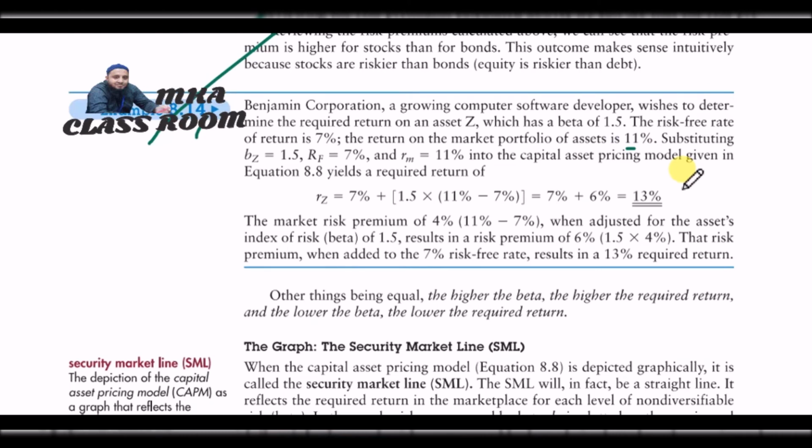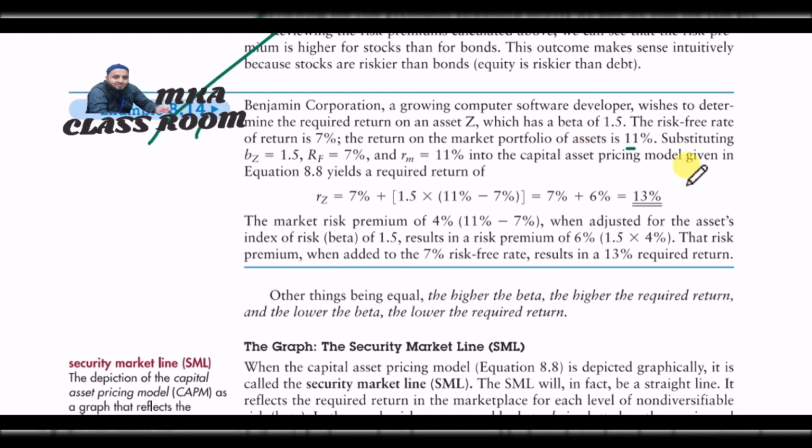So it is understood that the risk-free rate is 7%. So 7% is enough for the investor. But whenever this investor takes more risk, then he expects more return from his investment. We know it very well. So here it is seen that the market portfolio provides 11%.